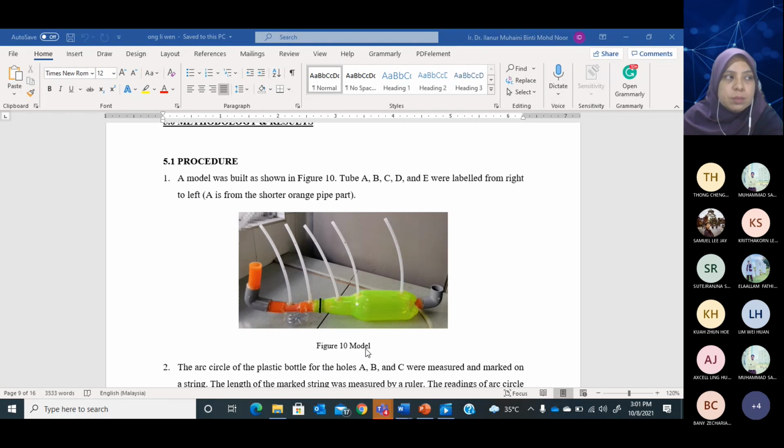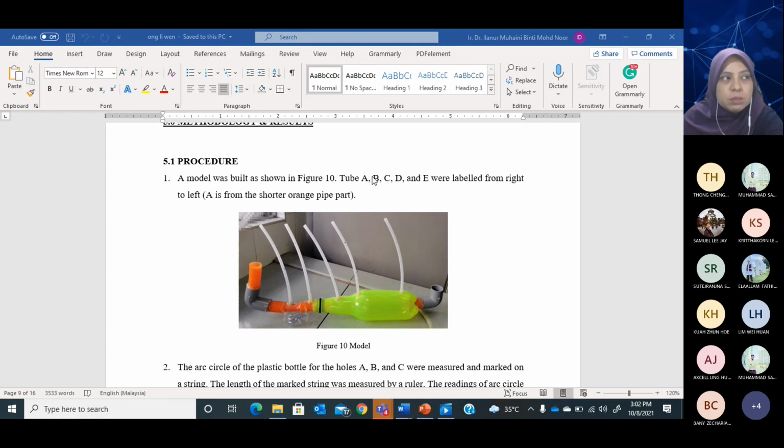So for example here, model only. Or prototype. Tube A, B, C, D and E were labeled from right to left. A is from the shorter orange pipe part. Because she didn't label on the picture itself, you know.